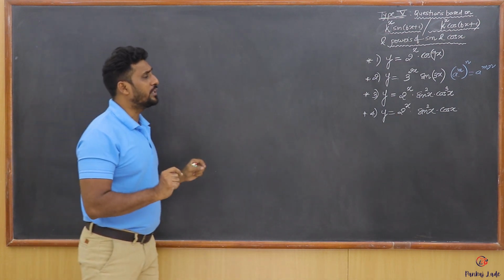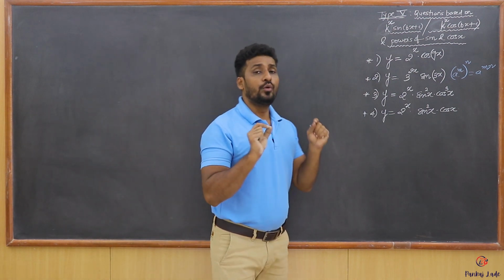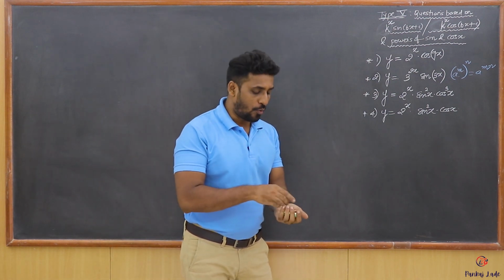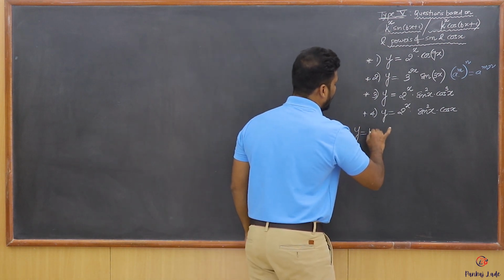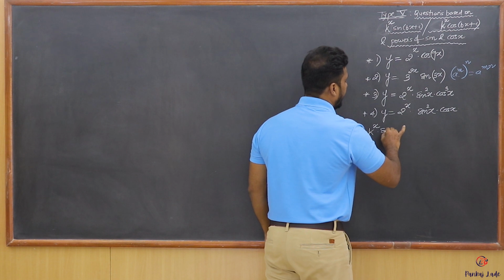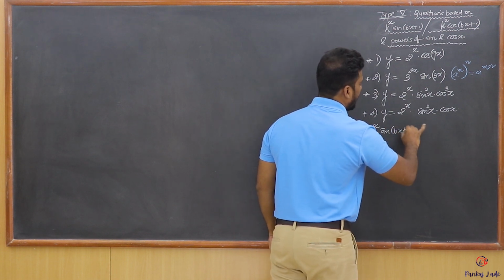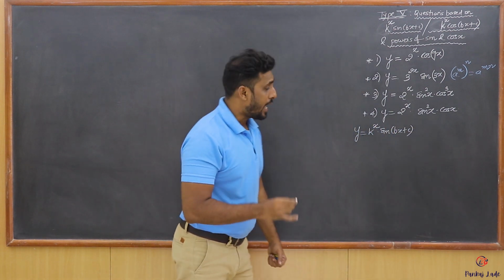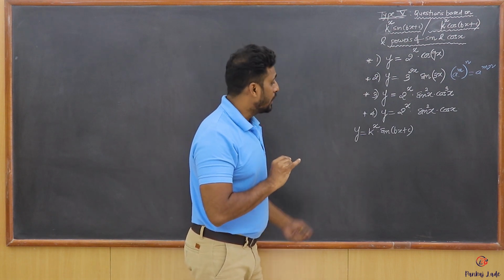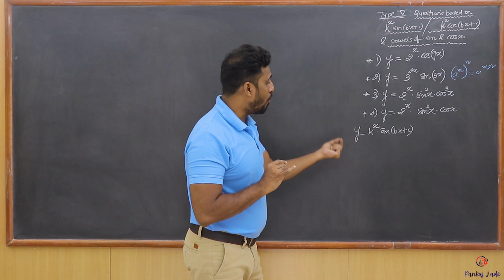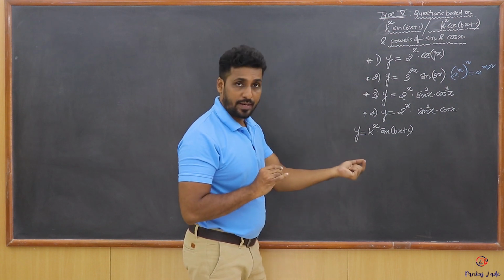So now before I proceed with the question, you need to very quickly revise your formula. The formula is for y is equal to k raised to x into sine(bx + c) and y is equal to k raised to x cos(bx + c). So let's first of all write the formula for y is equal to k raised to x sine(bx + c).